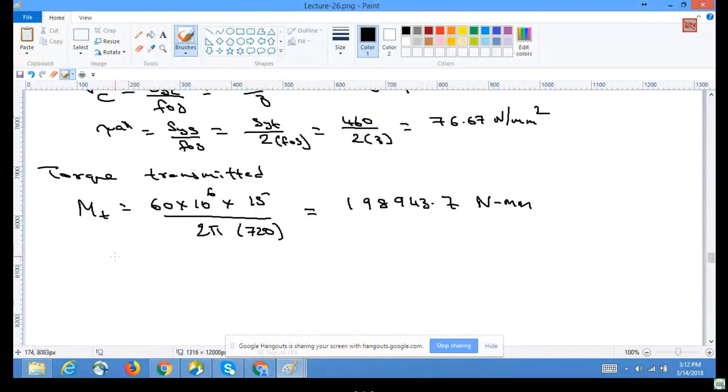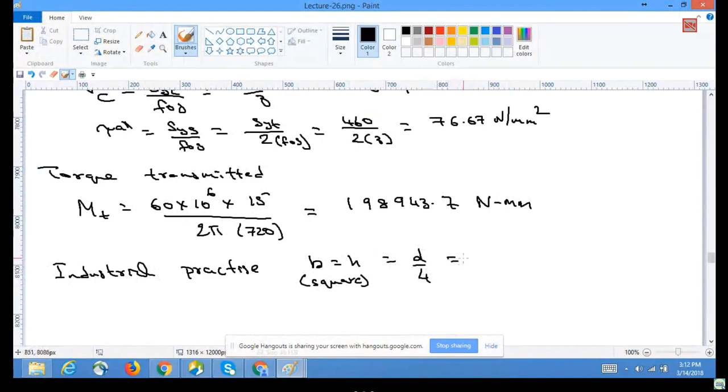So in our case, assuming an industrial practice, B is equal to H, because it is square, is equal to D by 4.